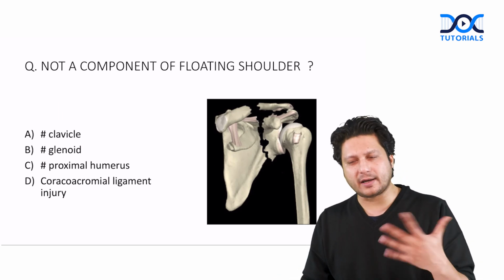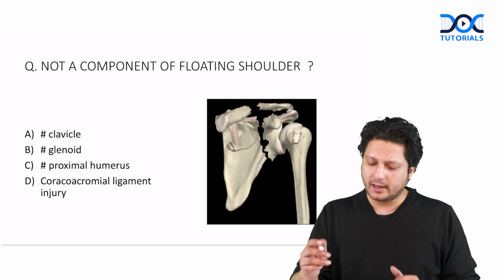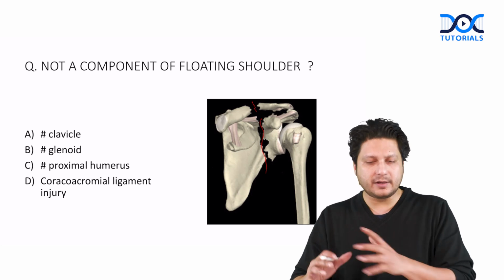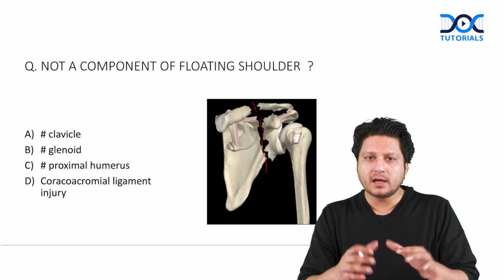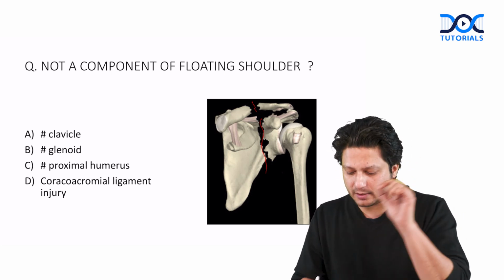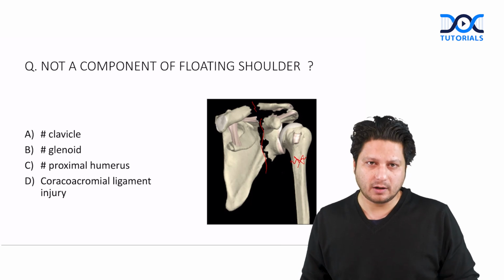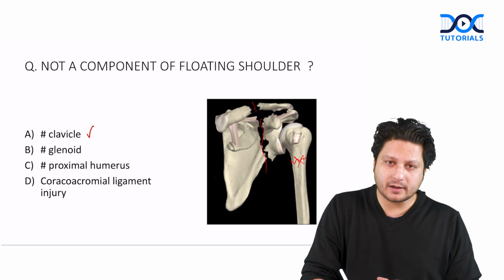Now this is something which we are expecting: which of the following is not a component of a floating shoulder? If there is a complete fracture of the clavicle and the glenoid, then the entire shoulder assembly is no more connected to the axial skeleton. But in order to call it a floating shoulder, there is no requirement of proximal humerus to get fractured. So fracture clavicle, yes.